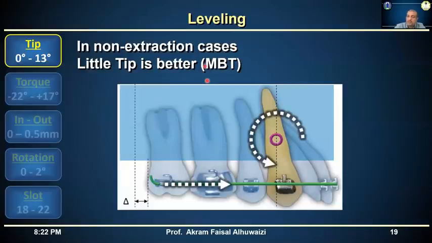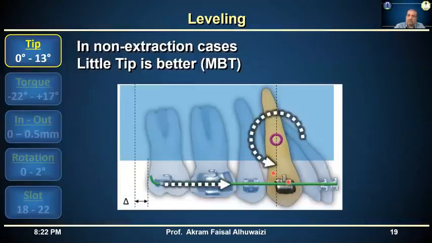We don't need that much tip. That's why MBT is about 7 degrees less in the upper and 8 degrees less in the lower. We don't need the extra tip built into the Roth brackets. In most non-extraction cases, you just don't need the extra tip.